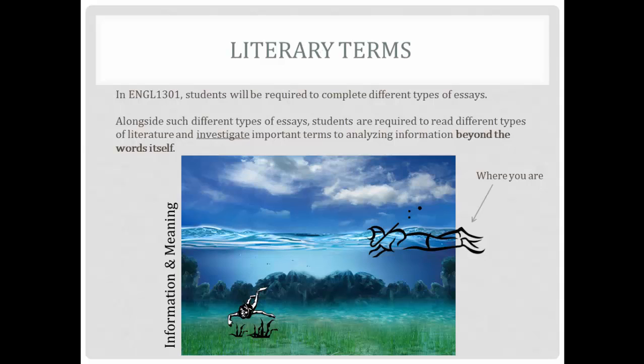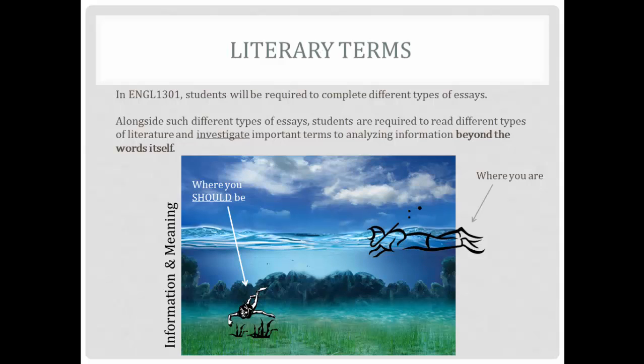And instead of digging deep and looking beyond those pieces, we just stay at the surface. So the snorkeler here in the picture, that's really where a lot of students are. And unfortunately, a lot of students stay there. They don't dig deeper for information.